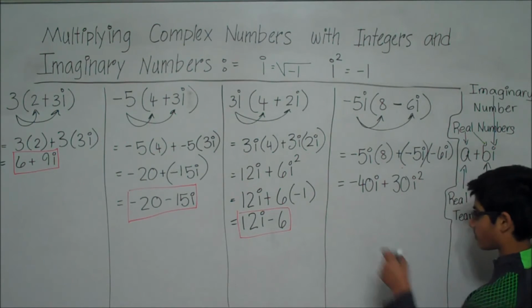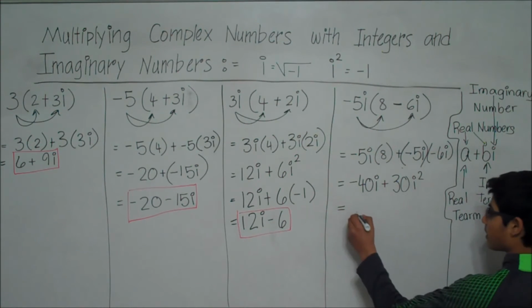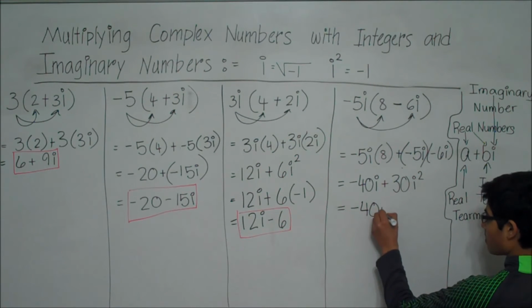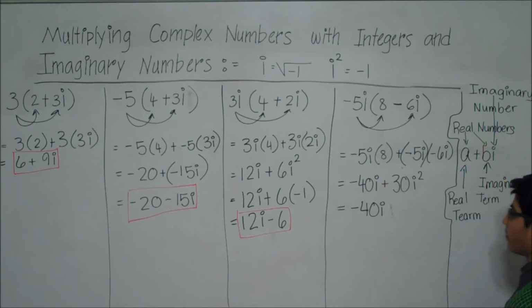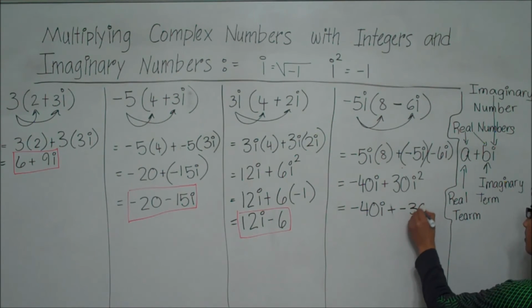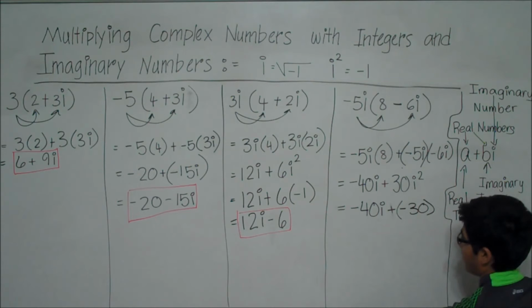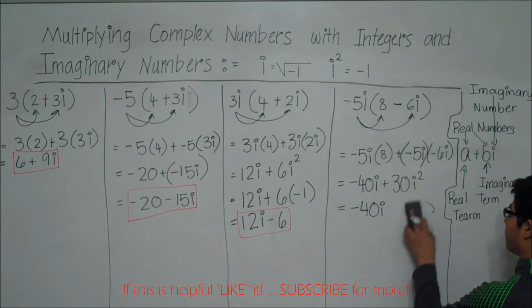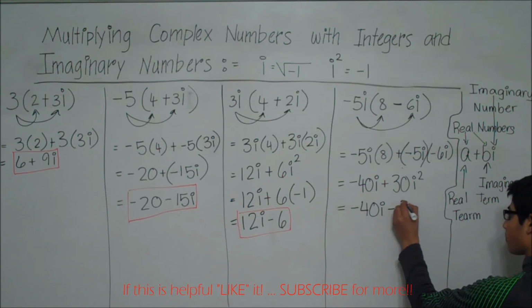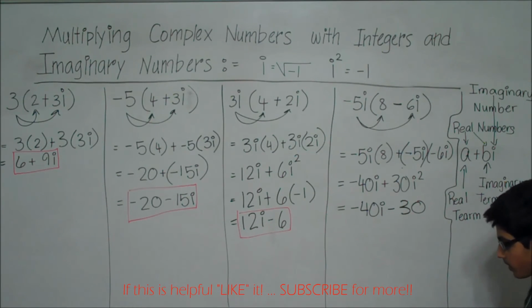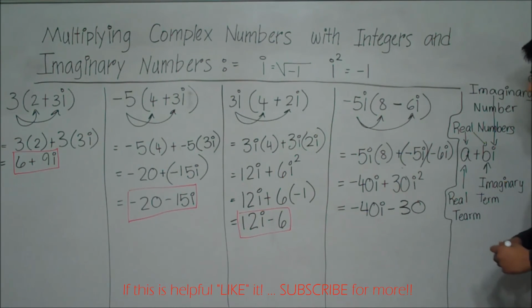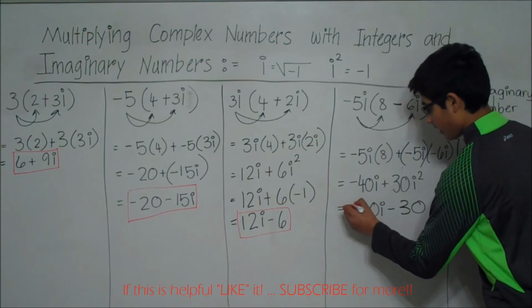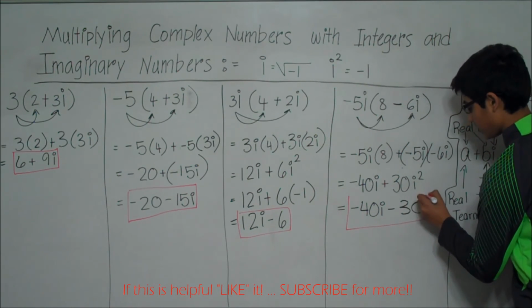So it is equal to negative 40i plus 30 times negative 1, which is negative 30. And when we have plus negative 30, it is the same thing as minus 30. So the answer to the last question is negative 40i minus 30.